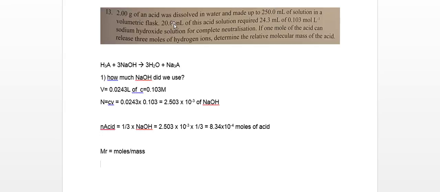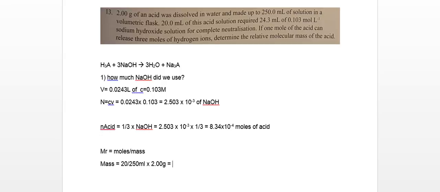We know that in that 250 millilitres there was 2 grams. We took only a fraction of that, 20 divided by 250. So mass equals 20 divided by 250 times the total mass that we had, which is 2 grams.